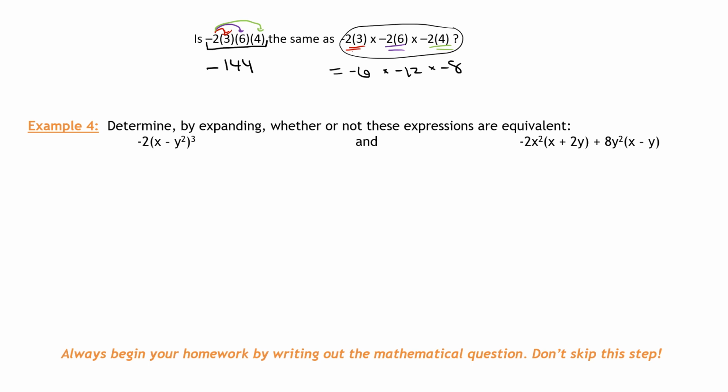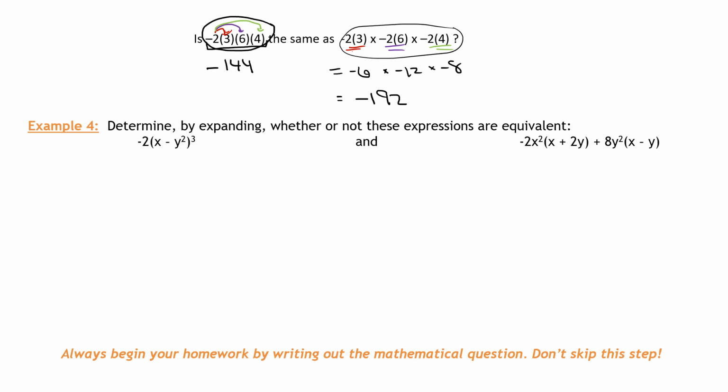So what happens when you multiply all three of those together? You get negative 192. When you're multiplying monomials, like we are here, those are all single numbers. You don't distribute over and over again.